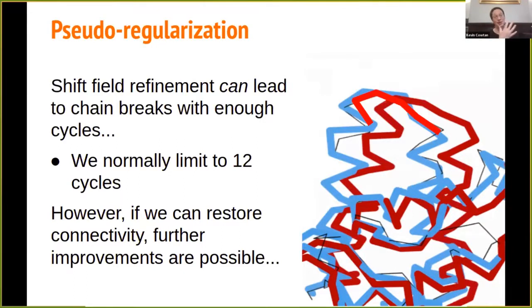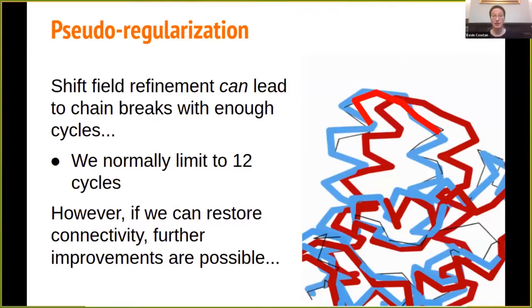If you do that enough times, then gradually things which are moving in different directions can move far enough apart to break connectivity. And in our initial version, we limited the calculation to 12 cycles to limit that to what RefMac could then restore. However, if we can restore connectivity or make sure it doesn't break in the first place, there's the potential for further improvements.